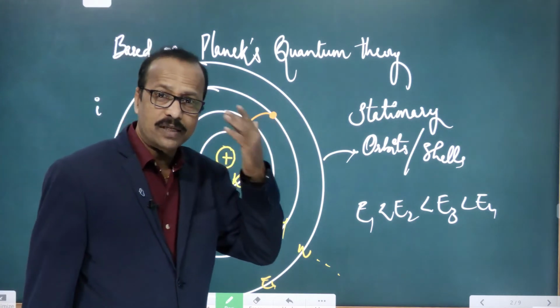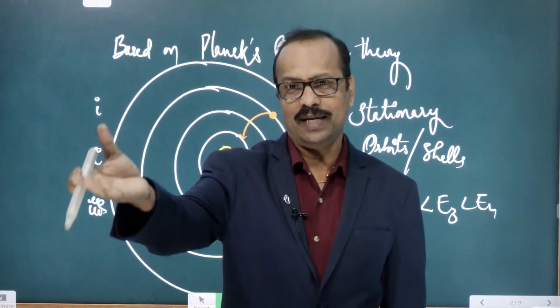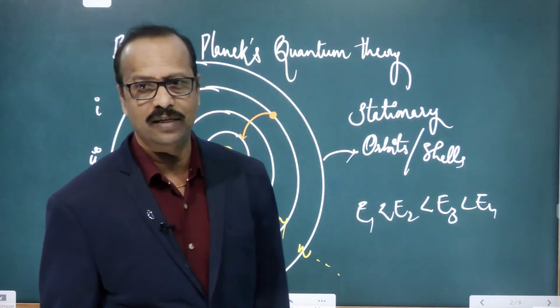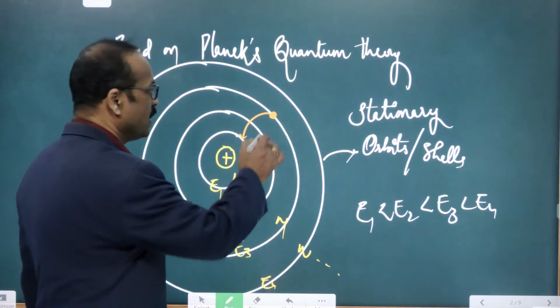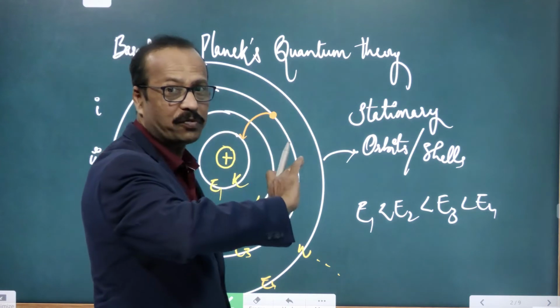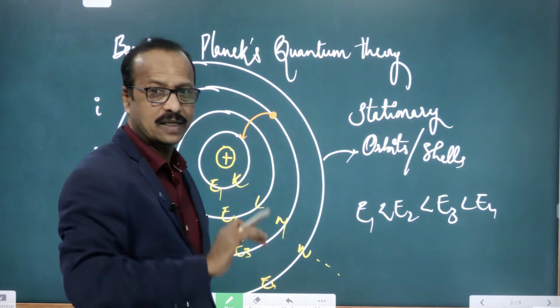When it jumps from a high energy orbit to a lower energy orbit, it radiates, means emits energy. How much energy does it emit? It emits the energy that is the difference between the energies of the orbits it moves from and into.